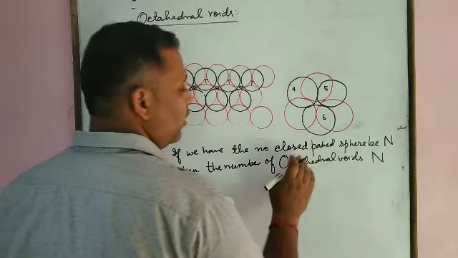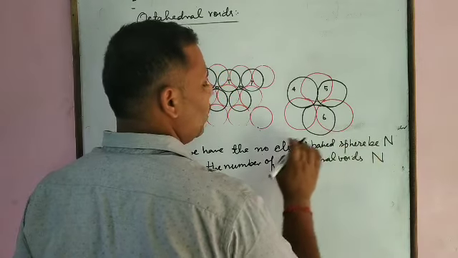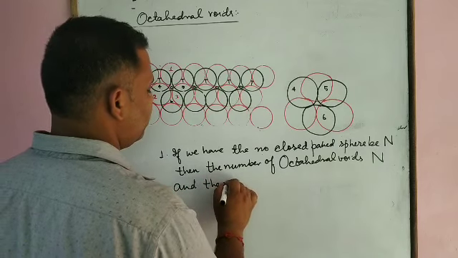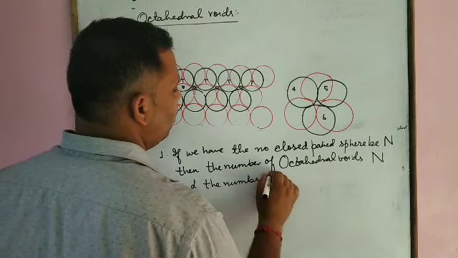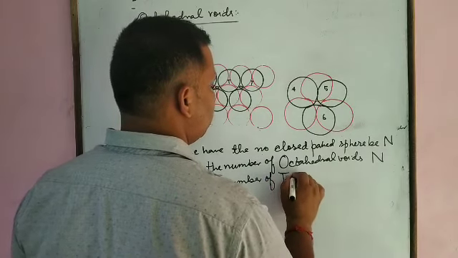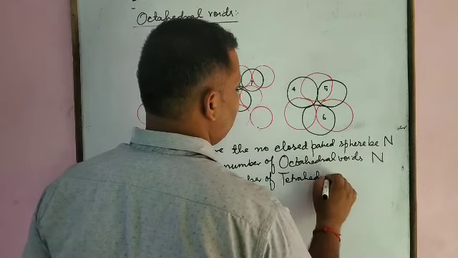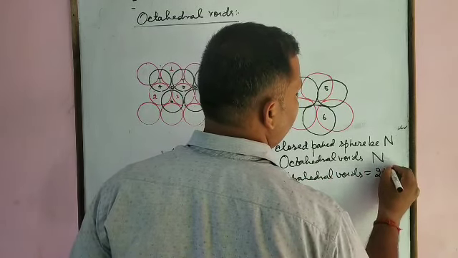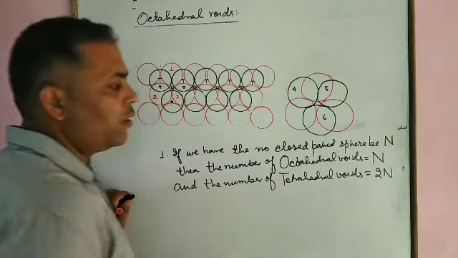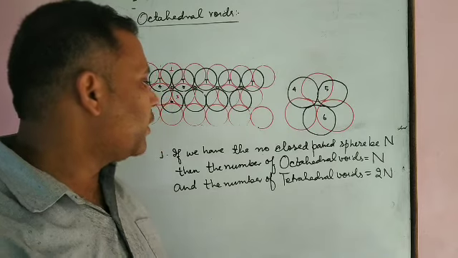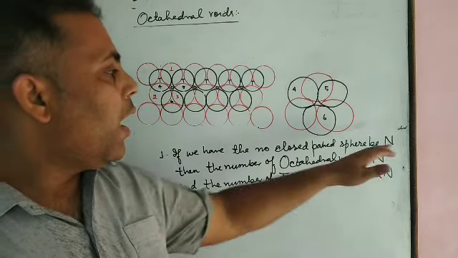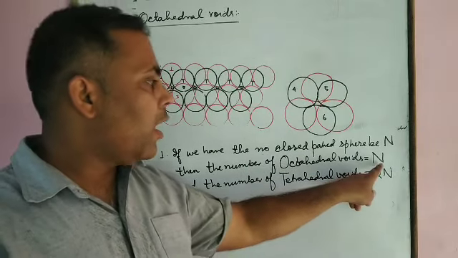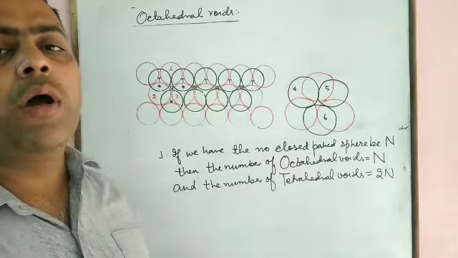It means it is equal to the number of spheres in a close packed structure, and the number of tetrahedral voids is equal to 2n. Clear? It means in a close packed structure, if we have n close packed spheres, then we have n octahedral voids and 2n tetrahedral voids.